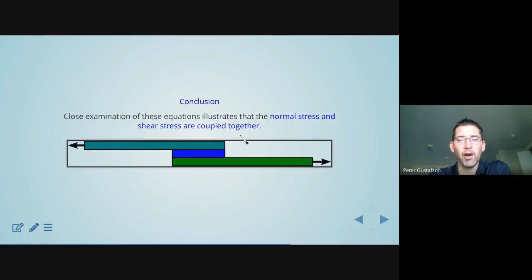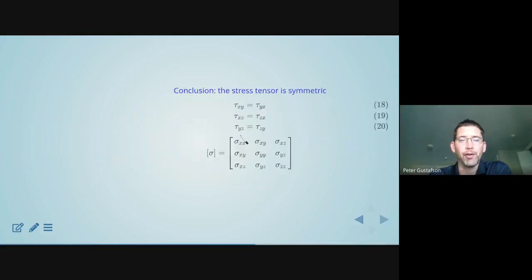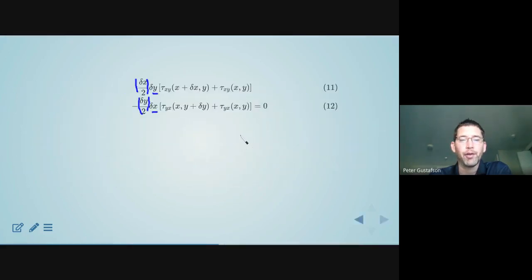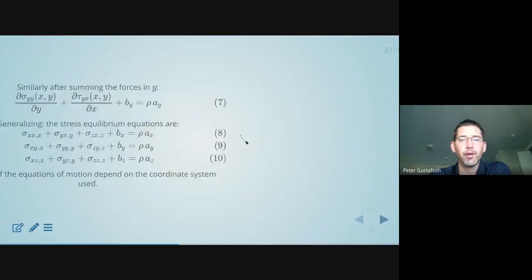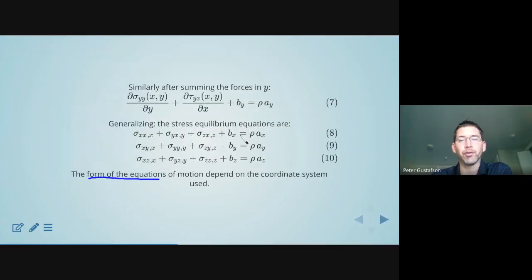All right, now let me go back here for a moment. This set of equations. I just want to think about these equations as a group.